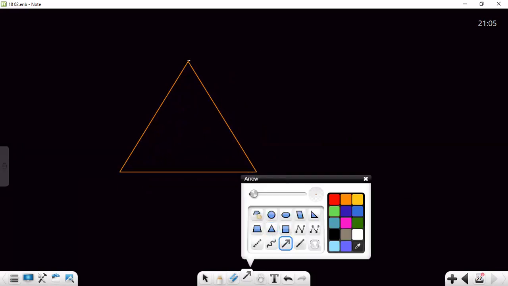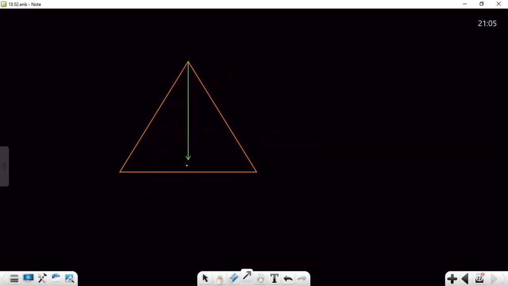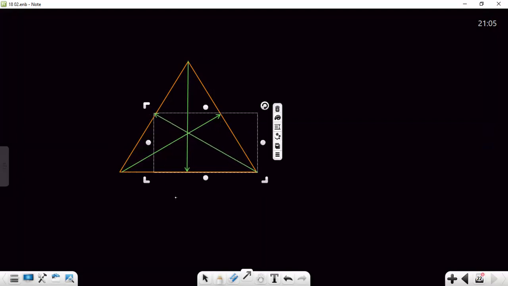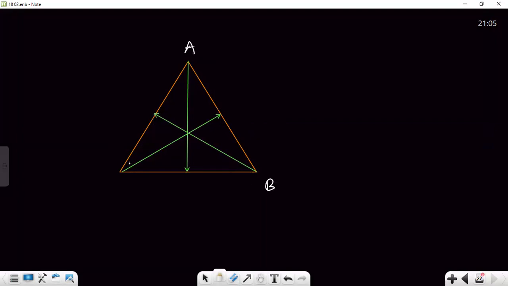Let me draw the medians in terms of vectors only. A, B, C, D, E, F, G.